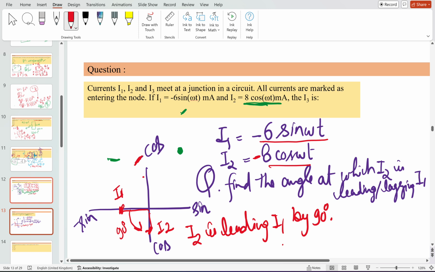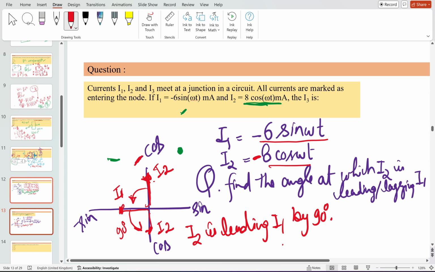Suppose the question is like this, minus 8 cos omega t. Minus 8 cos omega t means I2 will come here. Now I1 is leading I2 by 90 degrees. So the leading and lagging you can easily find out by this methodology.